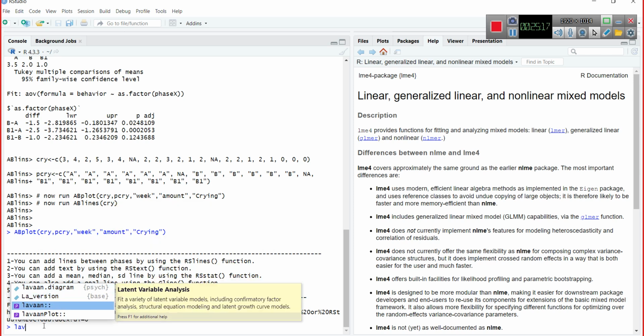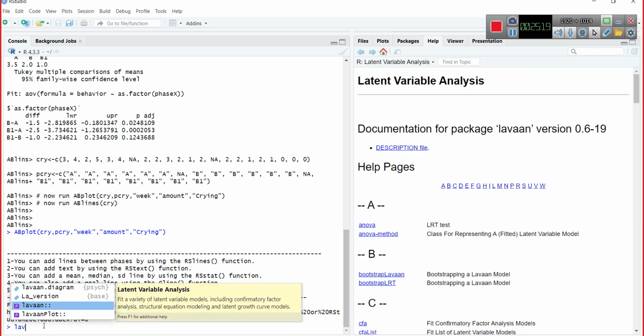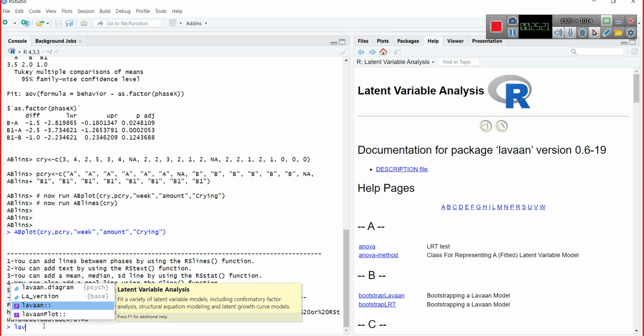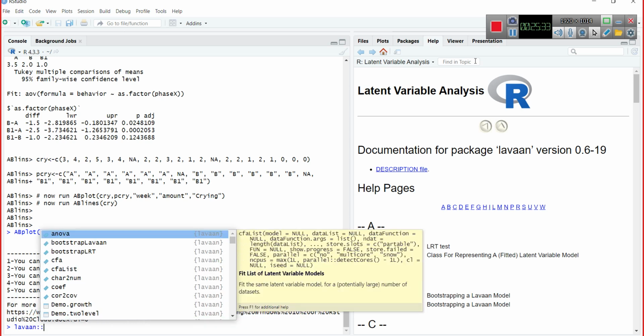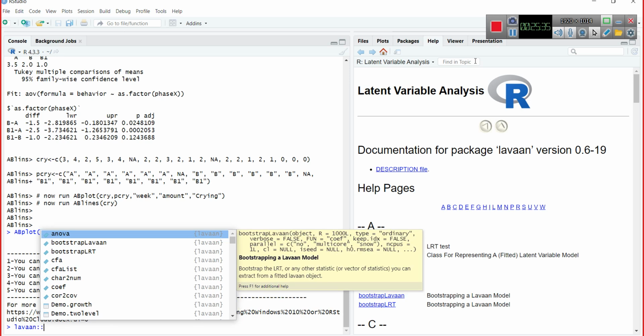In recent years it is claimed that you can do multi-level SEM through the lavaan package of R, which does the latent variable analysis and includes the multi-level analysis.